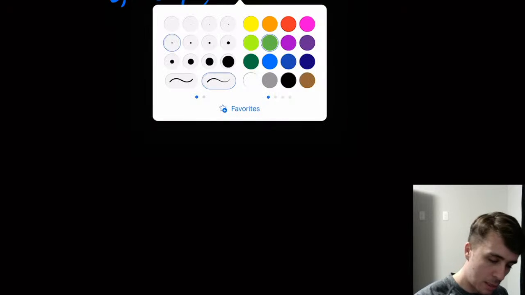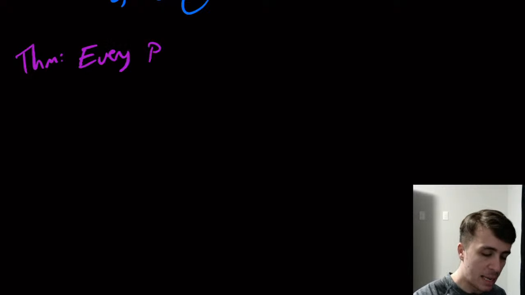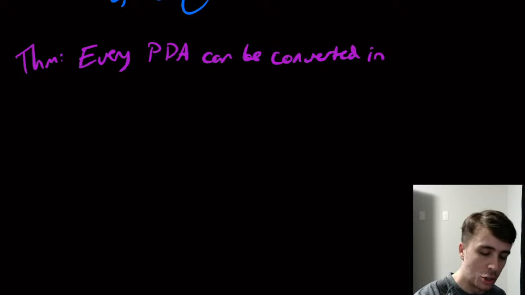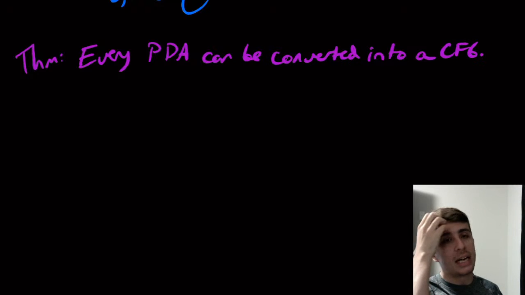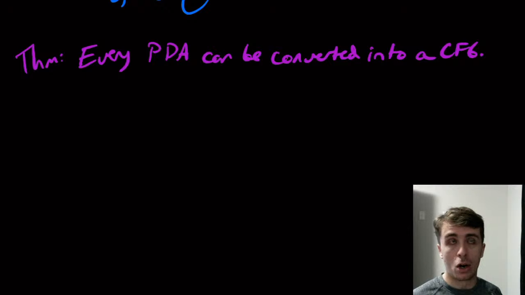So we're going to show that you can actually do this conversion. So every PDA can be converted into a CFG, an equivalent CFG. This is actually really hard to try to derive yourself.